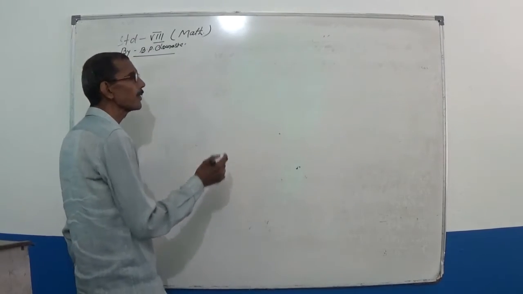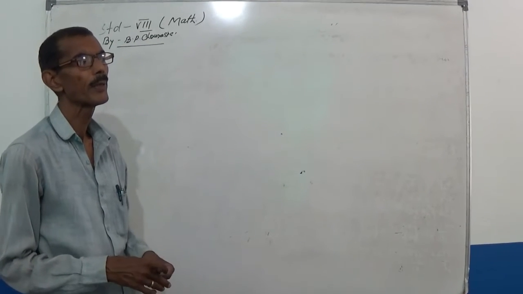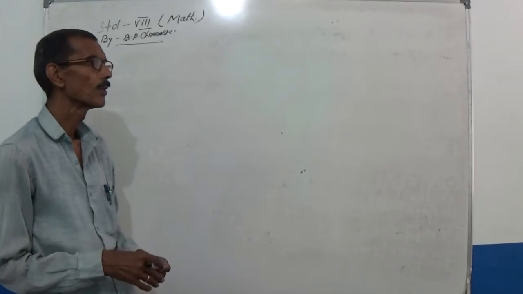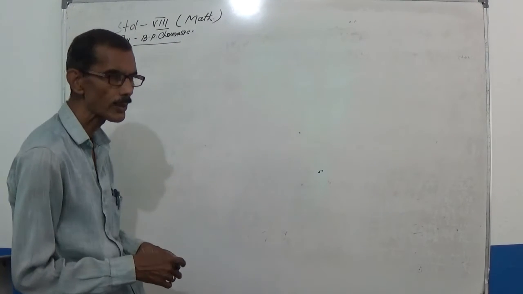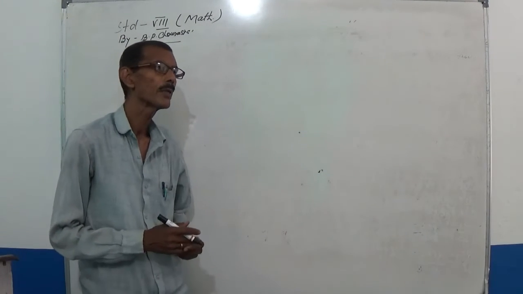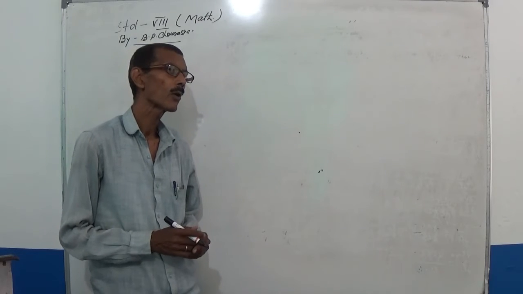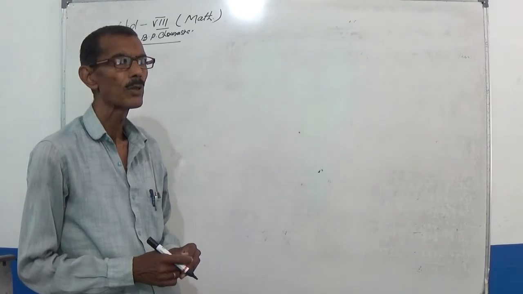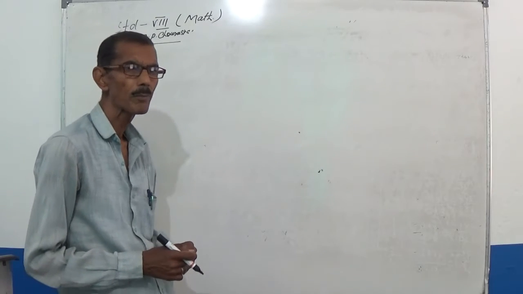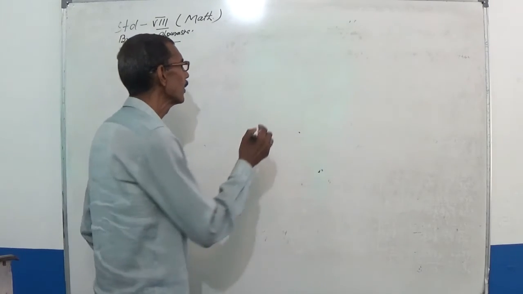Now I want to represent given rational numbers on the number line. During the earlier classes, you have already learned about the representation of integers, whole numbers, or rational numbers on the number line.